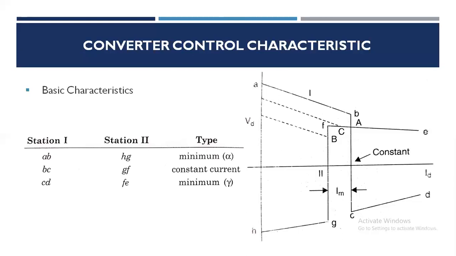This is because the slope of AB is due to the combined resistance of RD plus RCR, while the slope of FE is due to only RCI. However, for low SCR at the inverter, the slope of FE could be more negative than that of AB.